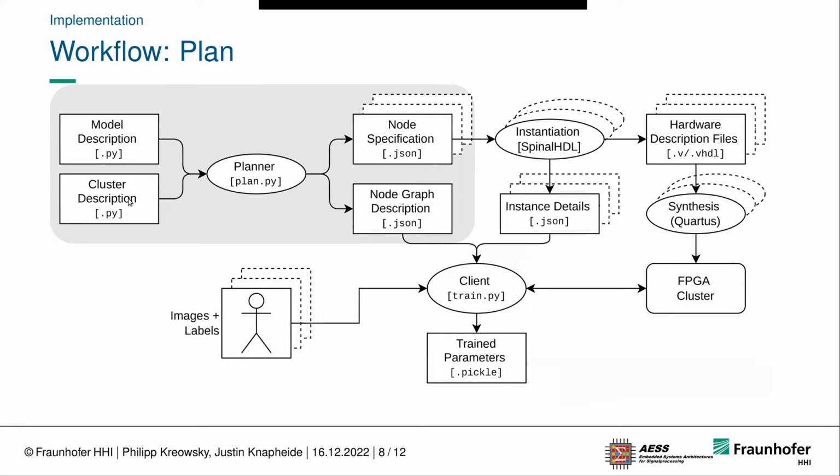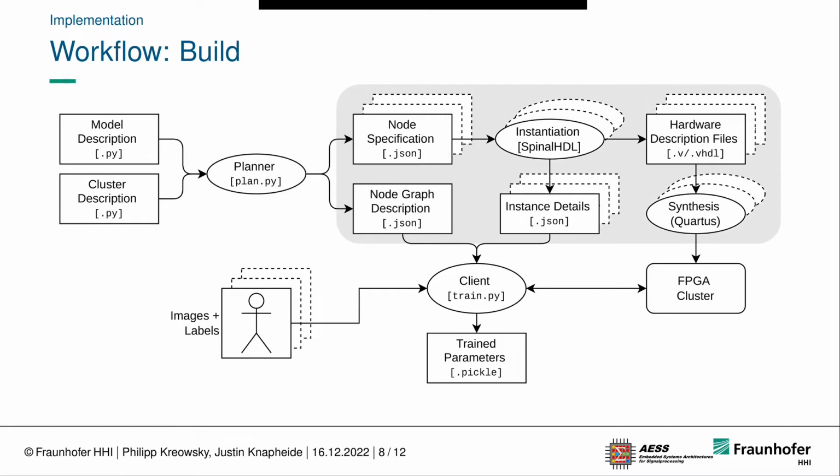Then we feed this into a planner, which emits node and node graph specifications. The node specifications correspond to the single FPGA as seen in the slide before, and the node graph description corresponds to the connections between the FPGAs within the cluster as seen 2 slides before.